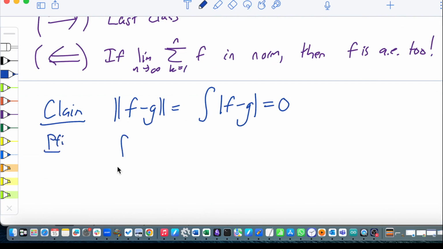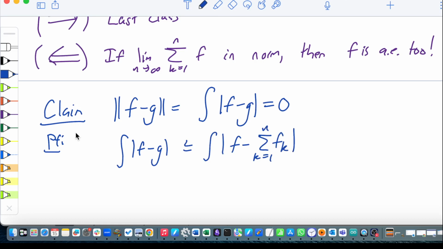It's just a nice little triangle inequality. The integral of |f minus g| is less than or equal to the integral of |f minus the sum of the first n terms|, no limits here, so for any n, plus the integral of |the sum of k equals 1 to n of fk minus g|. This is by triangle inequality.